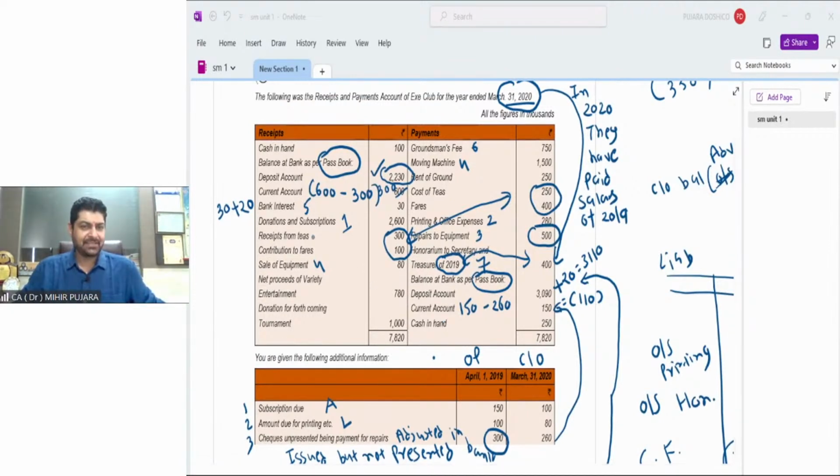I think we have completed the points of fares and T's: receipt from fare and contribution to receipt from T's and contribution to fares. This we have completed.